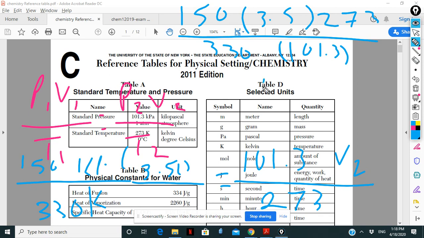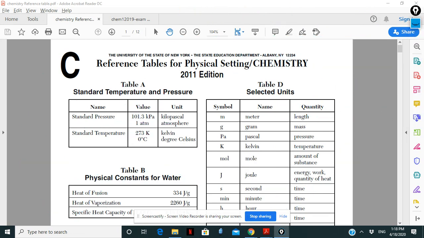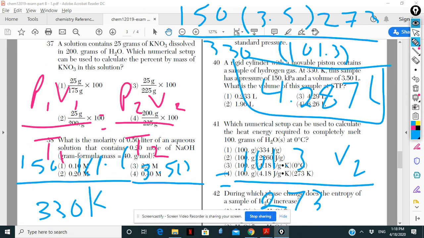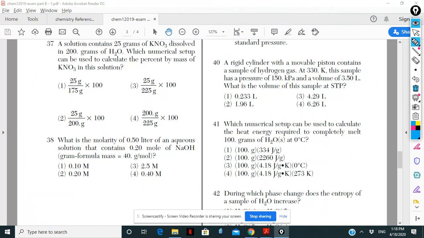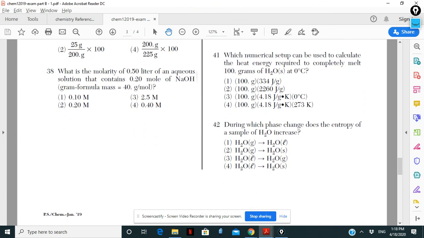It's giving us 4.287 liter. So the answer is 3.